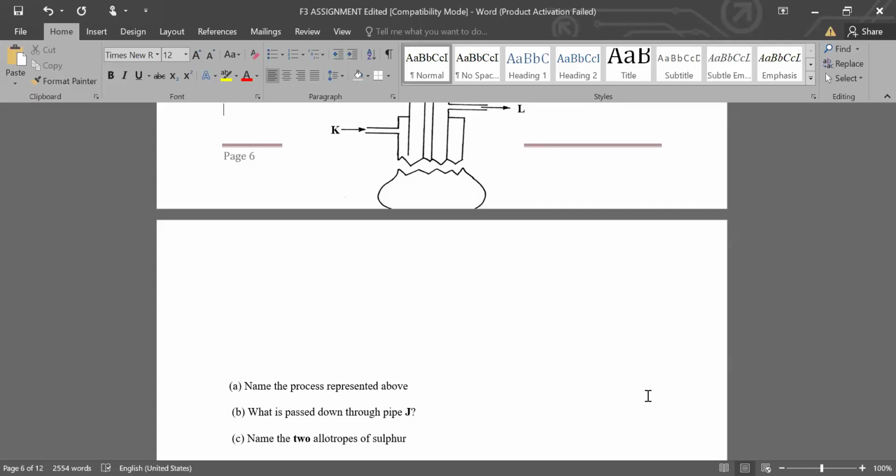I am using 96 because 96 is the transition temperature. We can move to the next question.